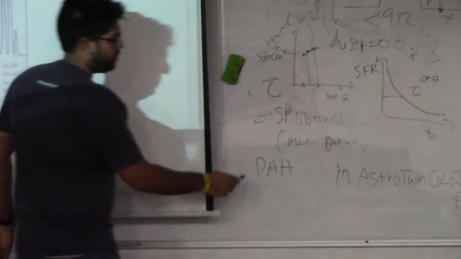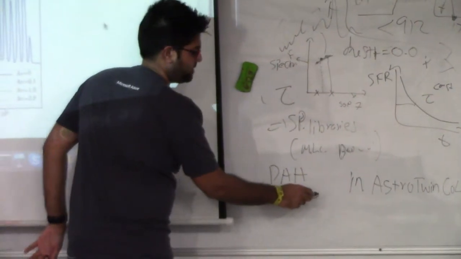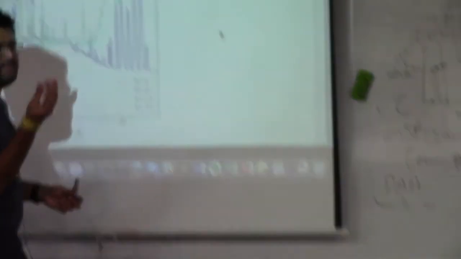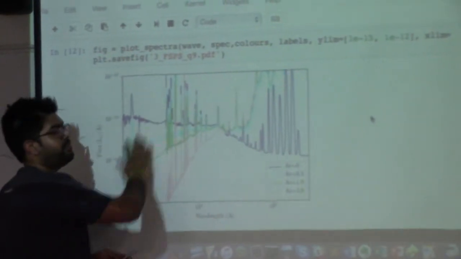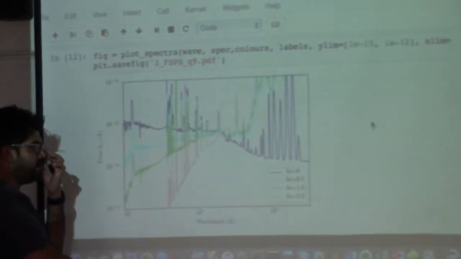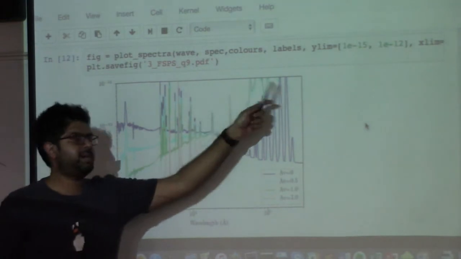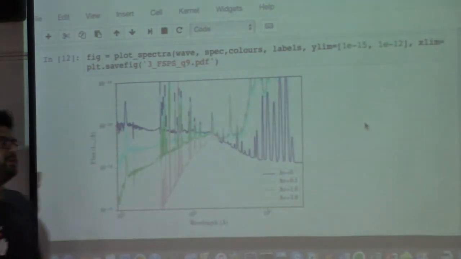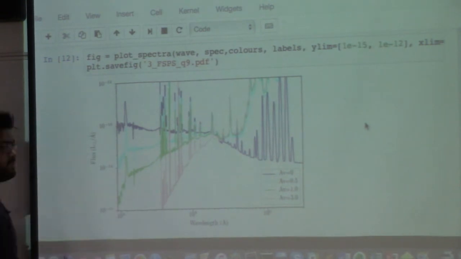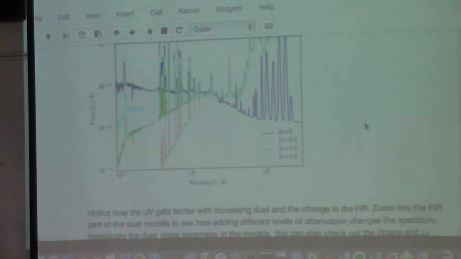These are all the lines that are made in dust, basically, because the dust consists of these hydrocarbons, and they start emitting energy that is absorbed from these UV photons, and you can see these prominent emission lines in this part of the spectrum. So you can increase the wavelength range, and it goes beyond. You can see how this strength changes, and this will also depend on the dust gas mass and other properties.